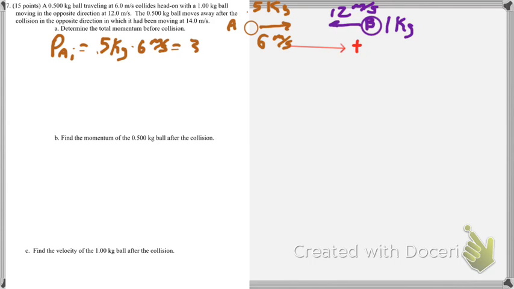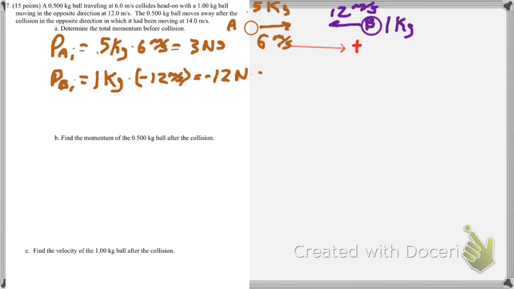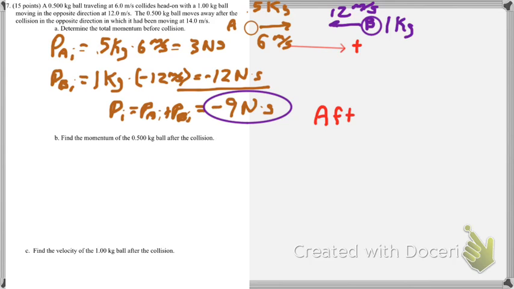So the initial momentum of A is 3 Newton seconds, and the momentum of B is negative 12 Newton seconds. So the momentum of both before the collision is negative 9 Newton seconds.